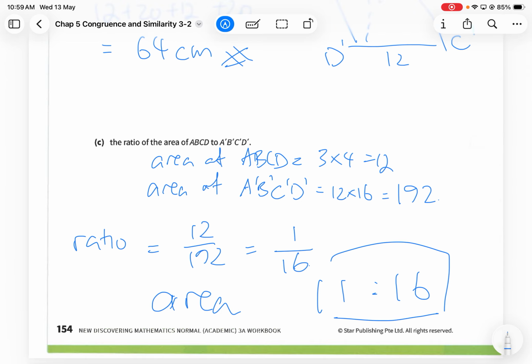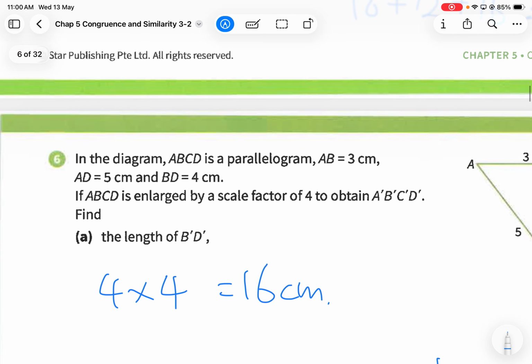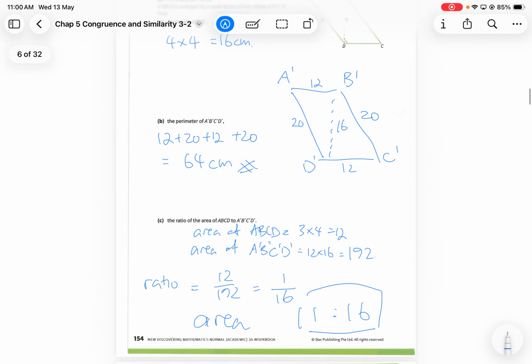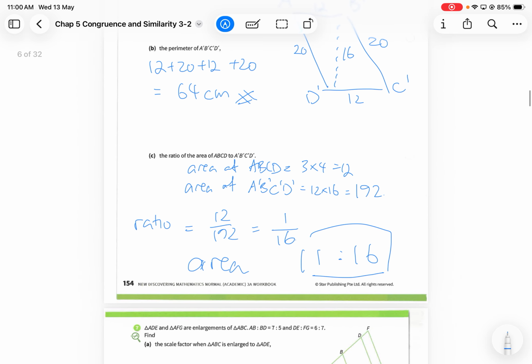What was the scale factor, small to big in this question? The scale factor was 4. Okay? So this is an important point that later you will use again. My scale for length was 1:4. And then my scale for area becomes 1:16.